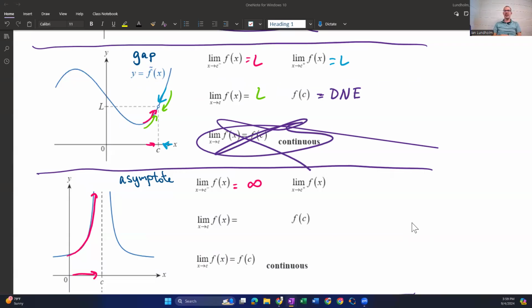Technically, this limit doesn't exist because we don't approach a specific y value. So let's go ahead and write technically, the limit does not exist.